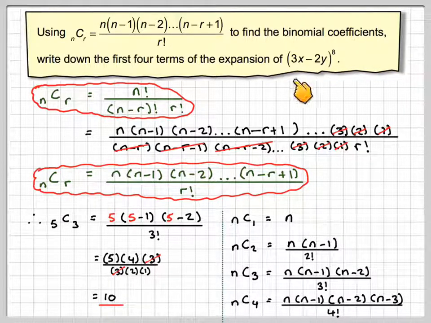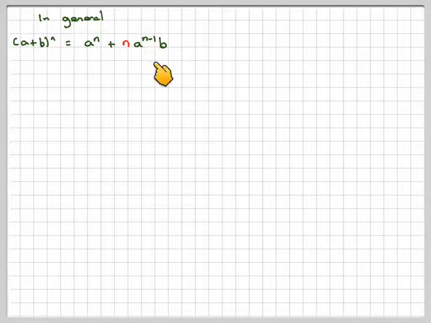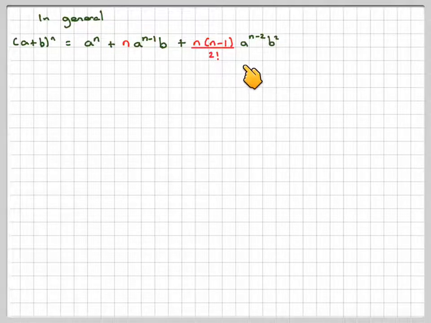So this gives me a different way of expanding this. So in general, (a plus b) to the n will be equal to a to the n plus n a to the n minus 1 times b plus n times n minus 1 over 2 factorial a to the n minus 2 b squared. So the only thing that's changing here are these, where these coefficients are calculated.